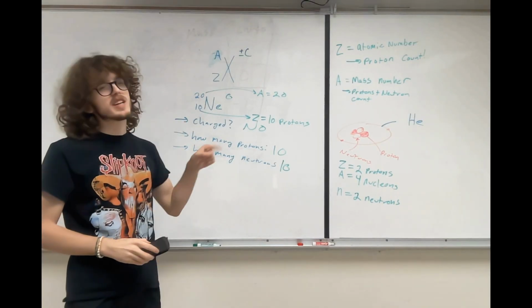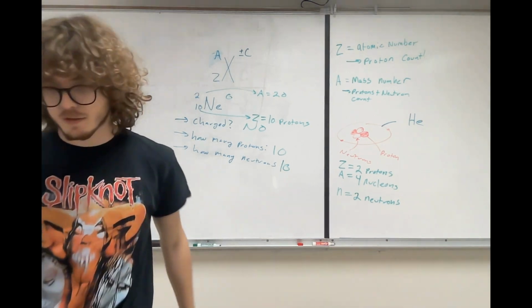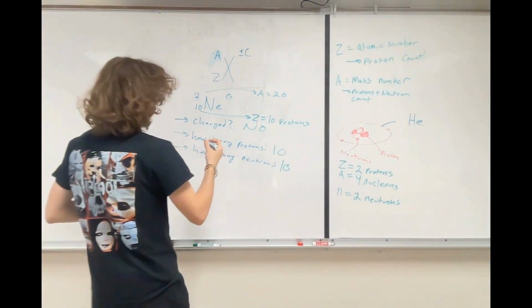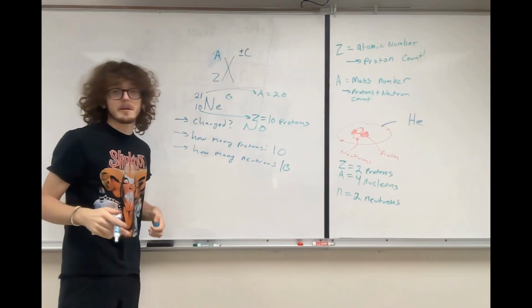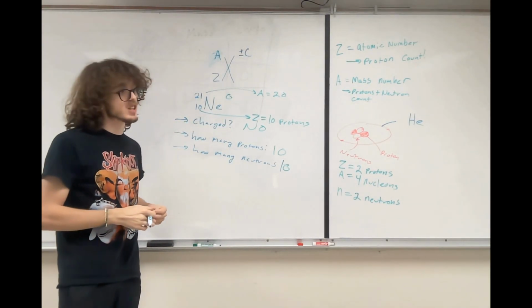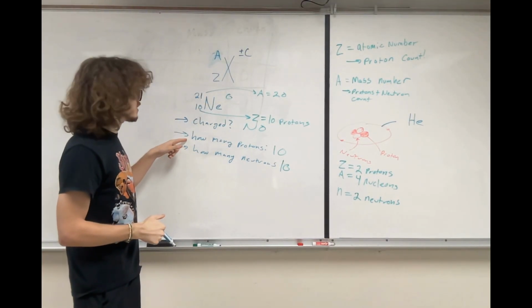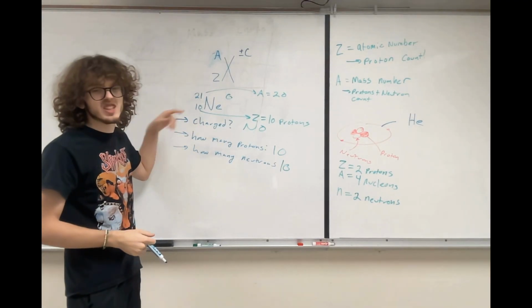What if I raised this count, so that it's now 21? What changes? Is it charged still? No, it's not charged, because that number didn't change. How many protons? You still have 10, because I didn't change the number of protons.